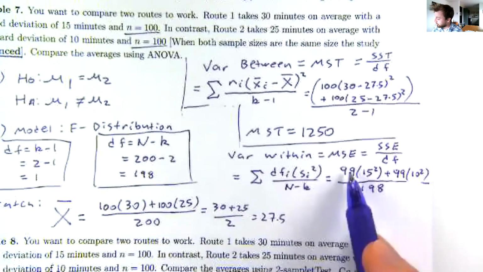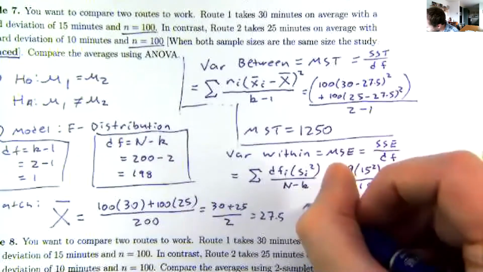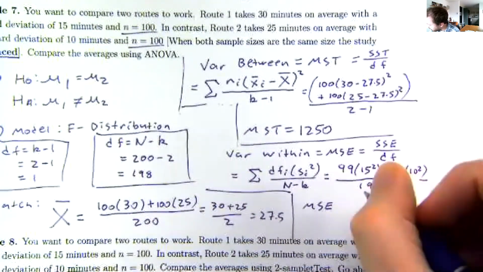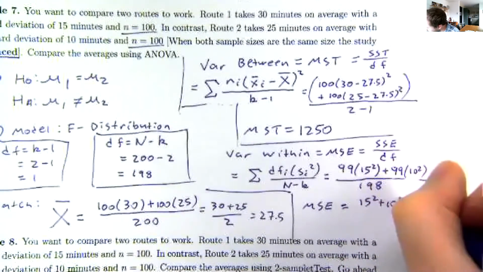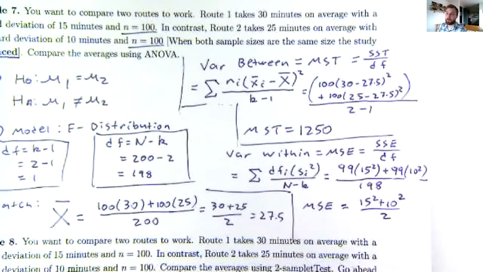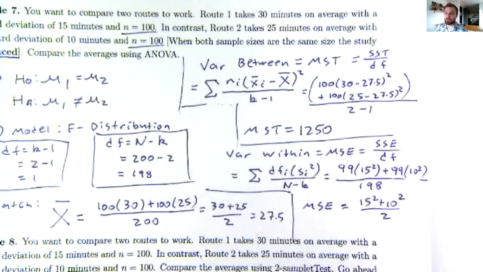Just a note, since these are the same, if I divided everything by 99, what's really going on for this MSE is I actually have 15 squared plus 10 squared divided by 2. In other words, I am averaging out my two variances here.